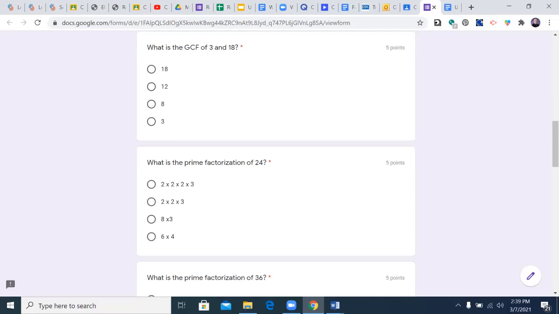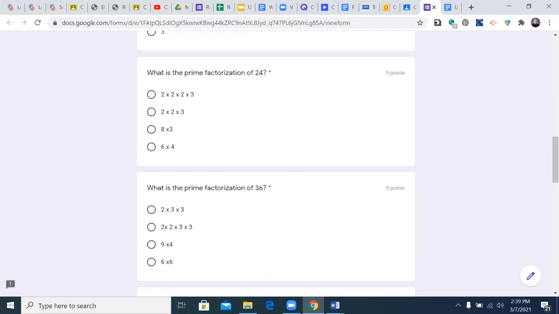Next question. What is the greatest common factor of 3 and 18? Is it 18, 12, 8, or 3? Next question.